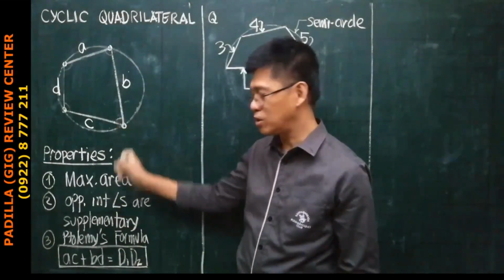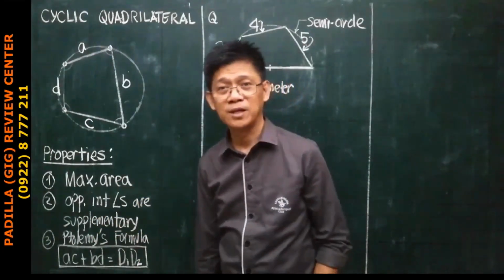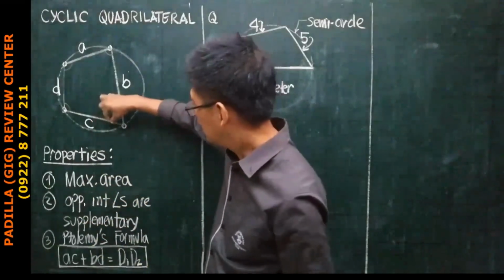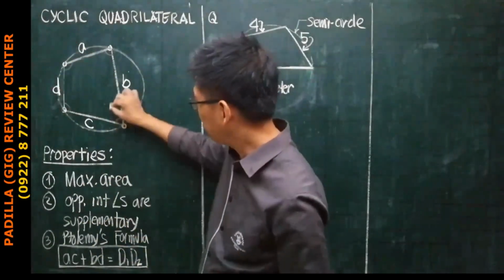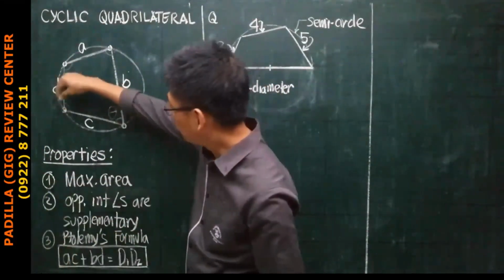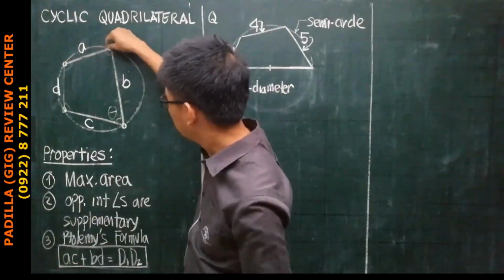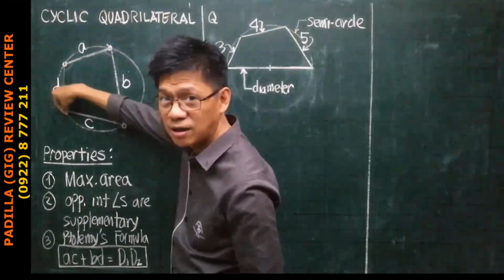Now, the second concept is that the opposite angles are supplementary. The sum is 180. This plus this is 180. For example, this is theta. Theta is a peripheral angle opposite this arc.